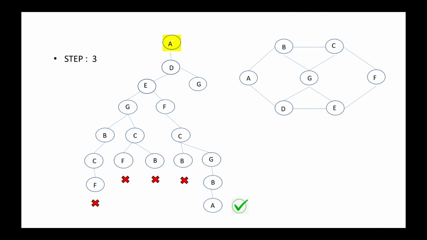In step 3, the Hamiltonian cycle pathway is A performs the backtracking of B, and B performs the backtracking of G, and G is performing the backtracking of C, and C is performing the backtracking of F, and F is performing the backtracking of E, and E is performing the backtracking of D, and D is performing the backtracking of A. So this is the Hamiltonian cycle for step 3.